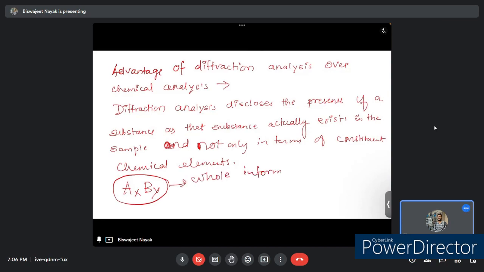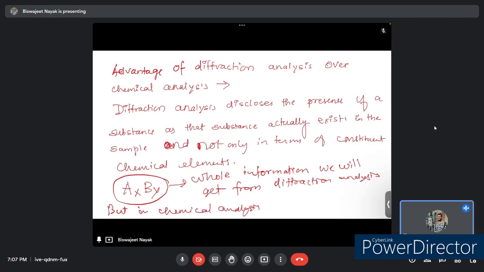If A has X proportion and B has Y proportion, then the whole information we will get from diffraction analysis. But in chemical analysis, we will just know that the A compound is present and the B compound is present.